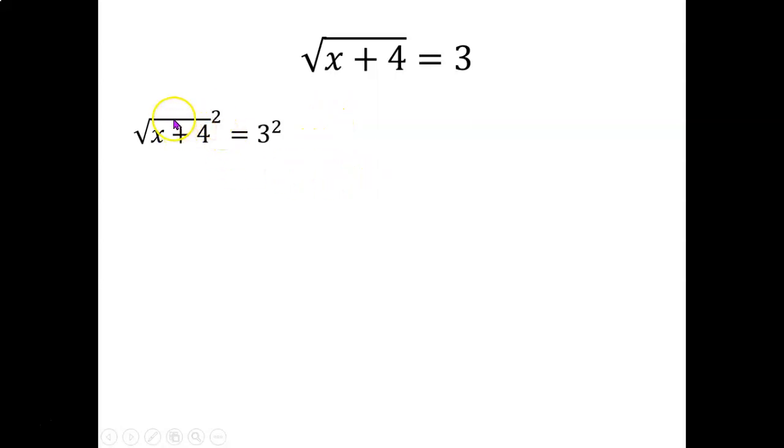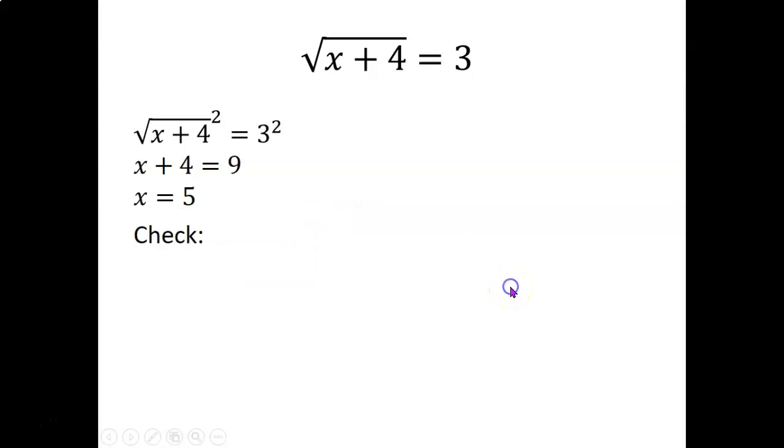And squaring over here just undoes the square root. The square root of something squared is just the something. So that's x plus 4 equals, and then 3 squared gives us 9. Now to finish solving, we just have to subtract 4 from both sides, and we get x equals 5.